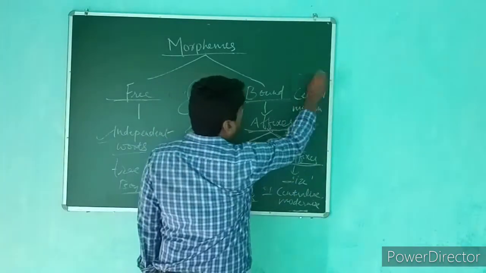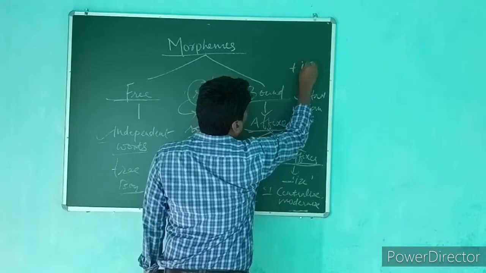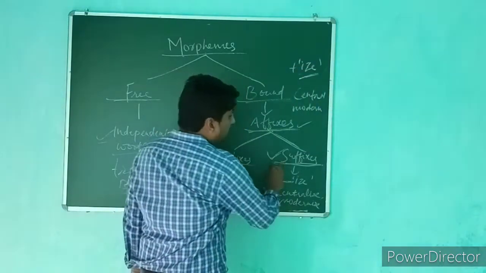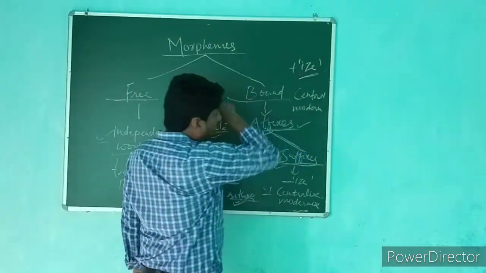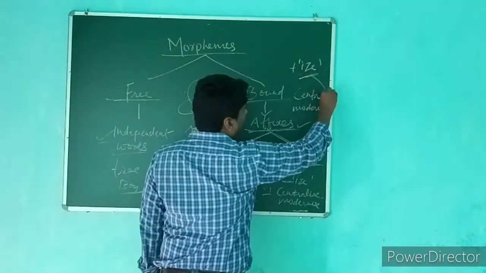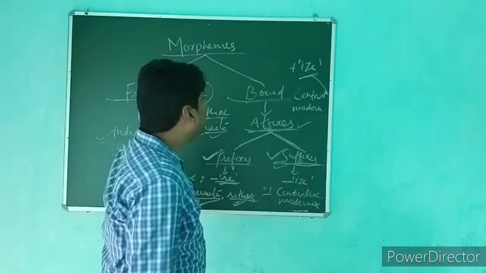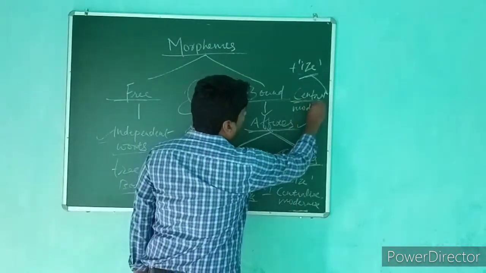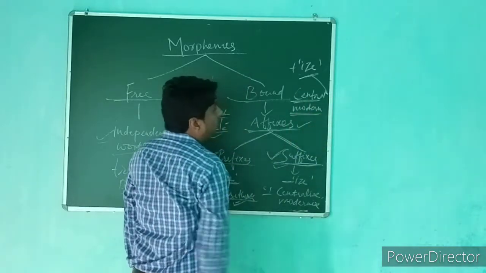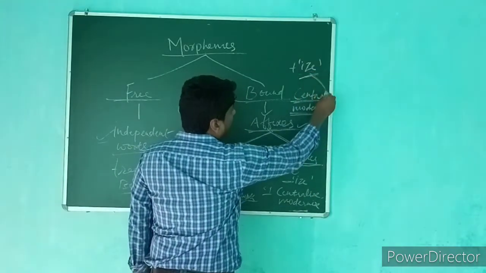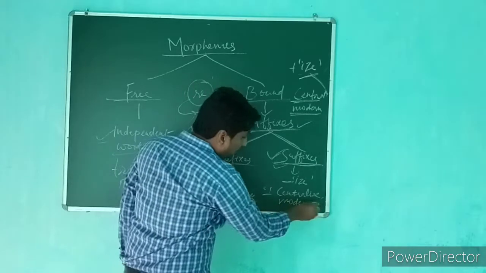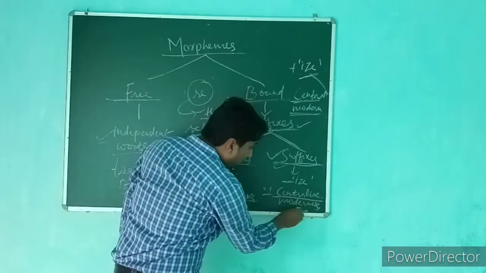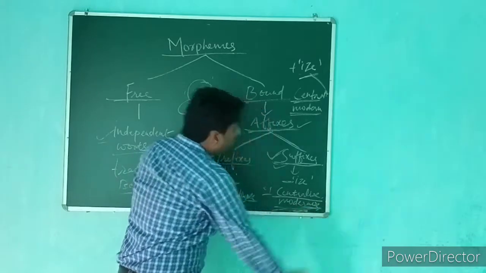Now if we add ize as a suffix, right? Suffixes are those bond morphemes which come after a free morpheme. So if we have this free morpheme central or modern, and we add ize to it, what does it become? Central plus ize becomes centralize, right? Modern plus ize becomes modernize.